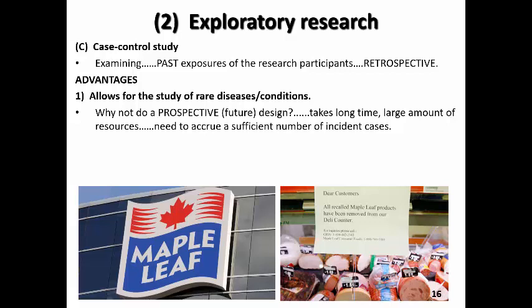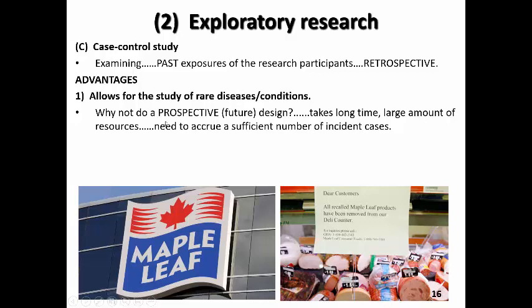The reason, particularly as it relates to rare diseases or conditions, is that prospective studies take a long time because they are longitudinal in nature, and so collecting the information from the research participants is going to be projected over months and years. And those types of approaches require a very large amount of resources.